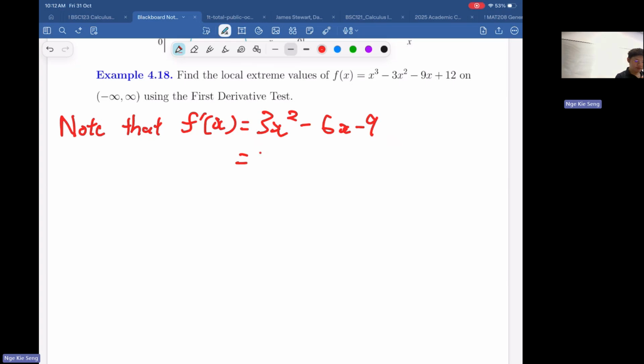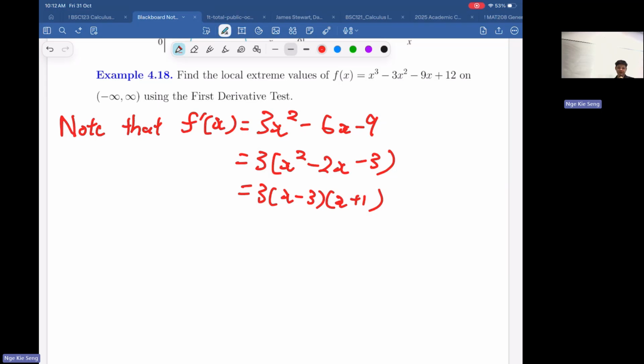Let's make it a little bit simpler by factorizing this polynomial. This is actually a quadratic polynomial with roots -1 and 3.